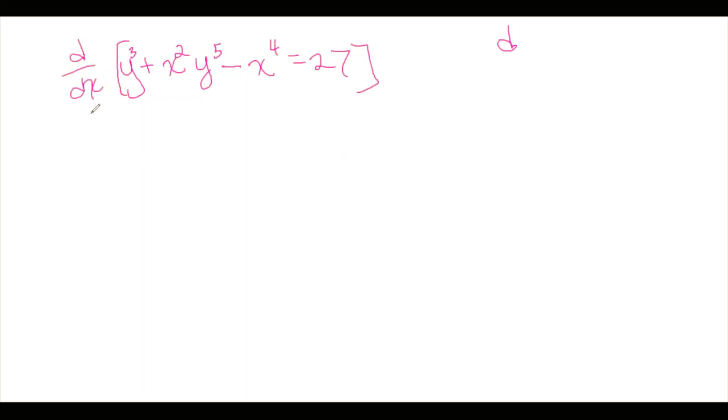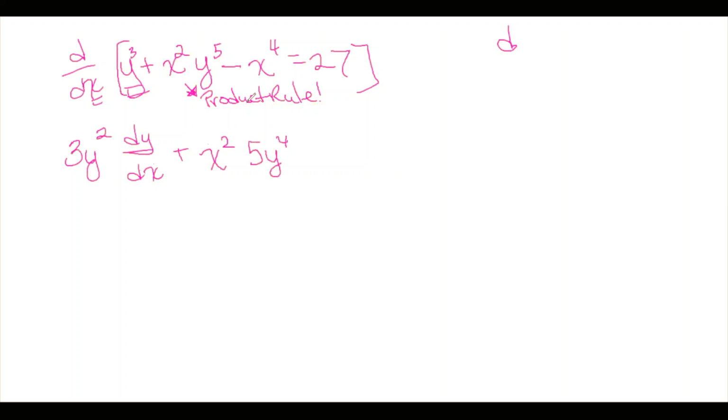So in this case, you're going to take 3y squared, but that's not an x, so you put dy/dx, plus now you have the product rule here, because you're being multiplied, so that's going to be plus x squared times 5y to the fourth, because I'm taking the derivative of the second. Don't forget dy/dx.